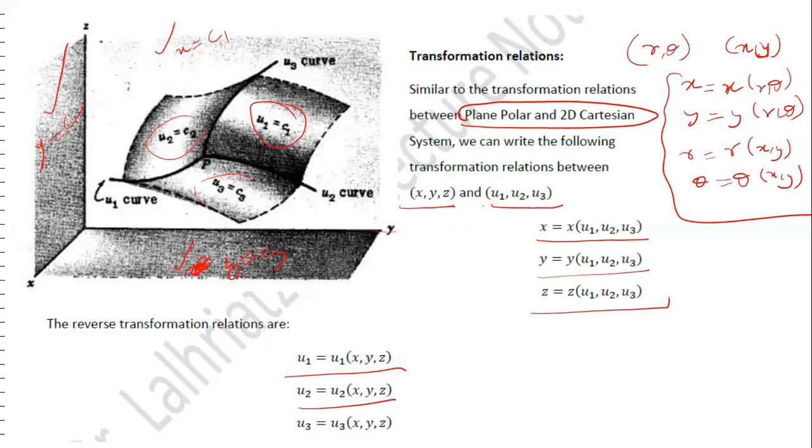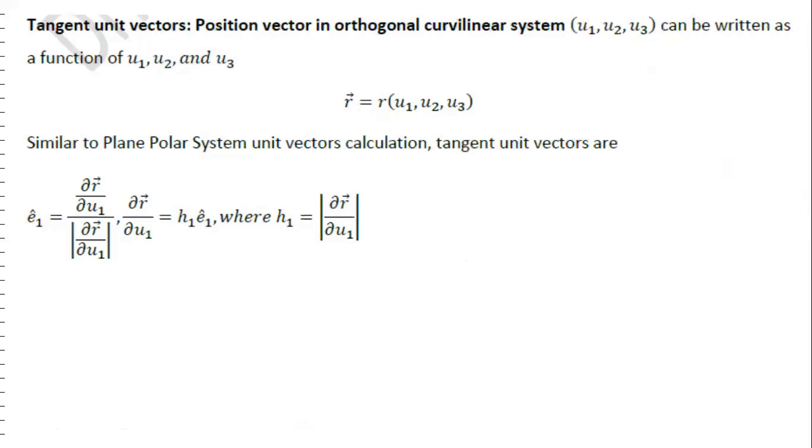So like this, you can write the transformation relations. Now, how are you going to get this tangent vector? Just like we discussed before, tangent vector can be written like this.